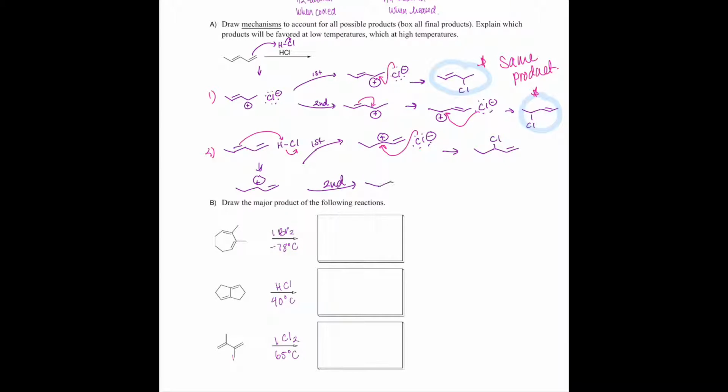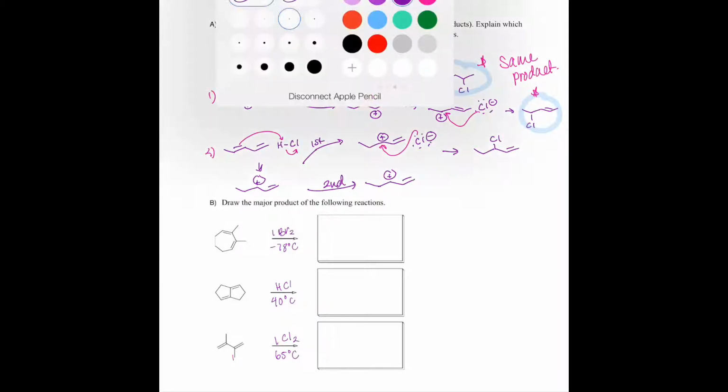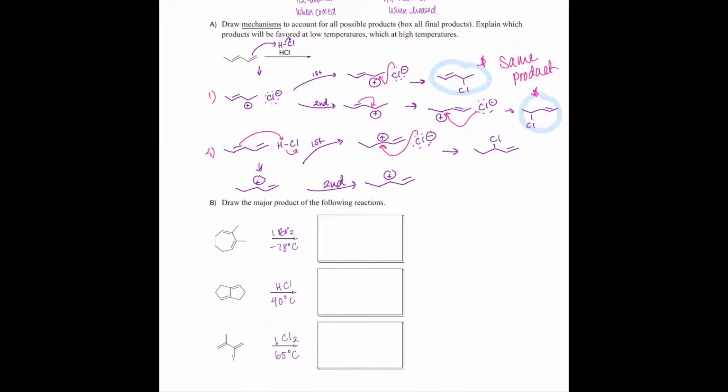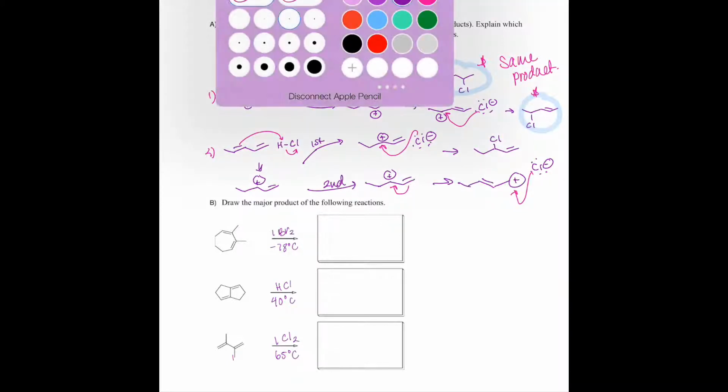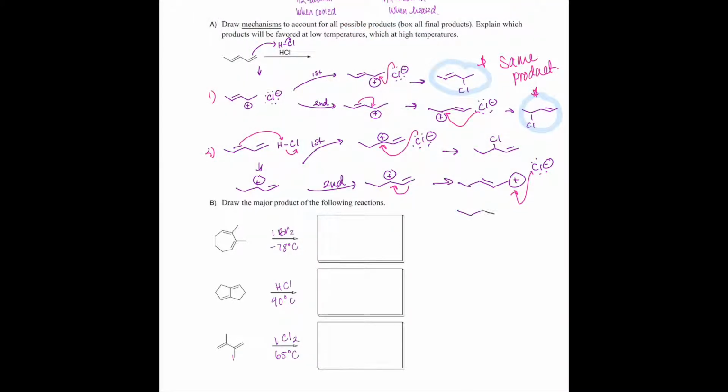So I want to draw this again, right here. The shift is that this double bond right here is going to come over here and accompany that. So then we're going to have something that looks like this. The chlorine right here is going to attack this carbon, and then your product is going to look like this.